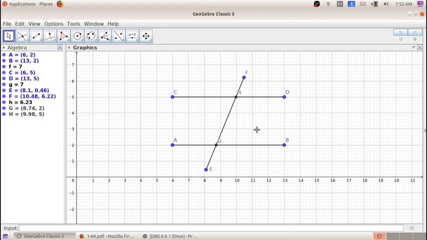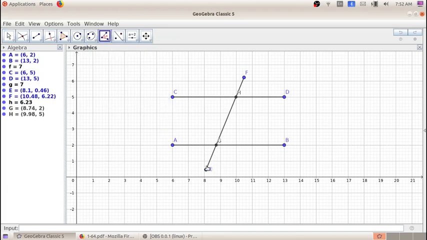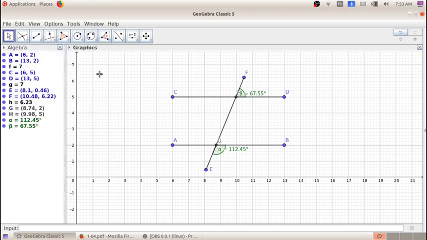Now I am going to show you the co-exterior, so you can easily say which one is co-exterior. I am going to show you co-exterior EGB and DHF. So I am going to move it properly.